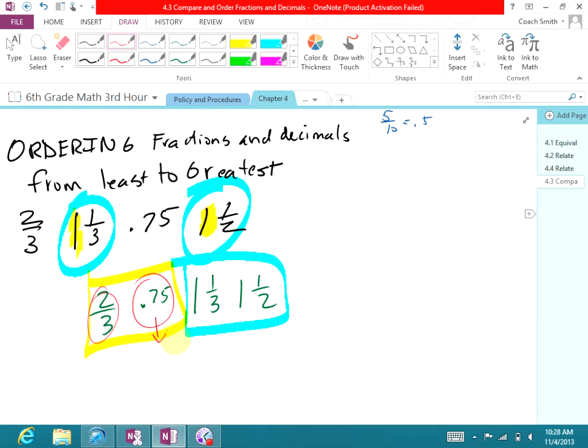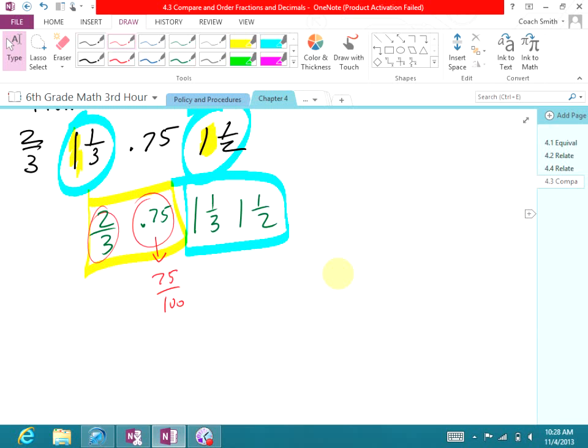Right. 75 over 100. Okay. Now, 75 over 100 can reduce to 3 over 4. You reduce by 25, the top and bottom.